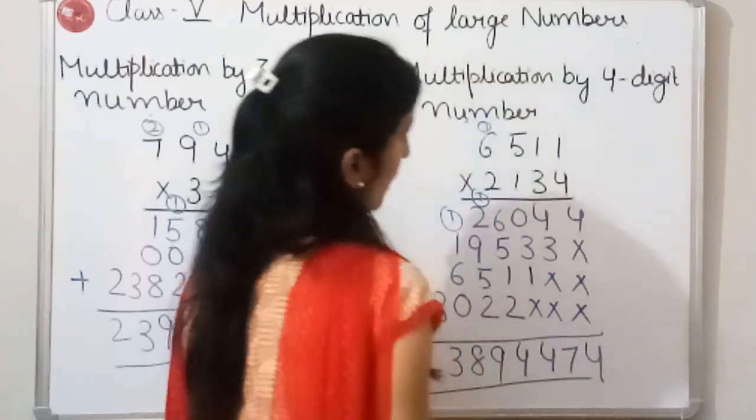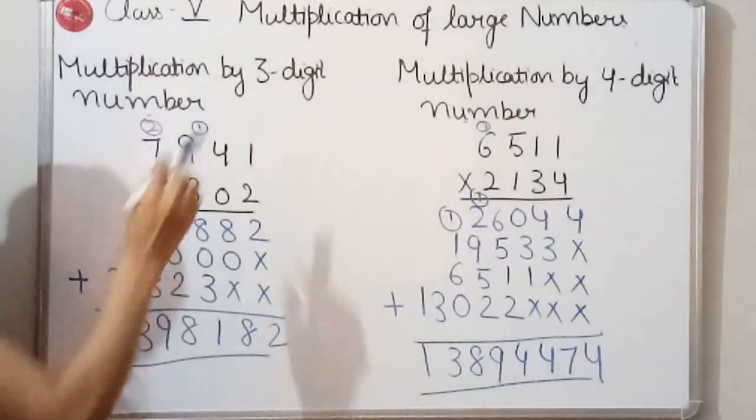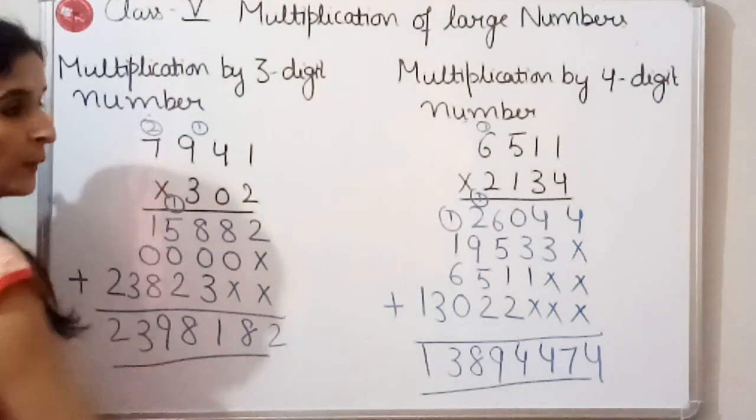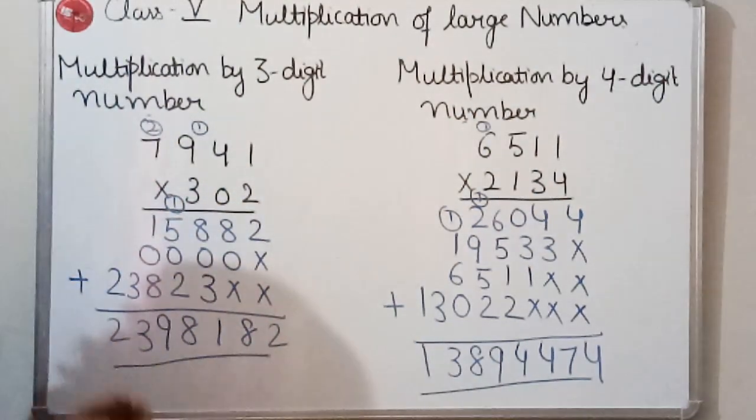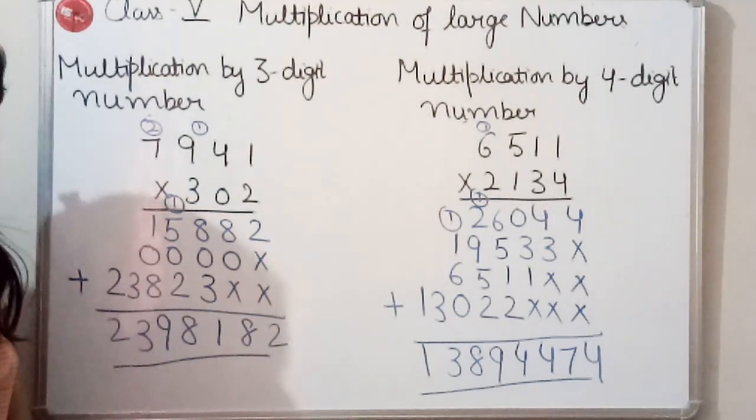So that is how we are going to do multiplication by a 3-digit number and 4-digit number. I hope this multiplication method is clear to you all. Okay.